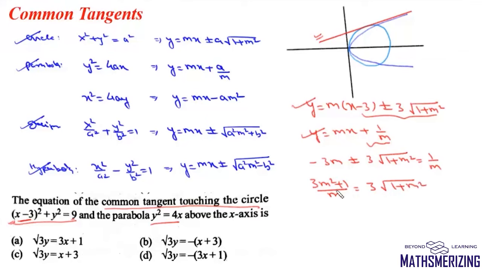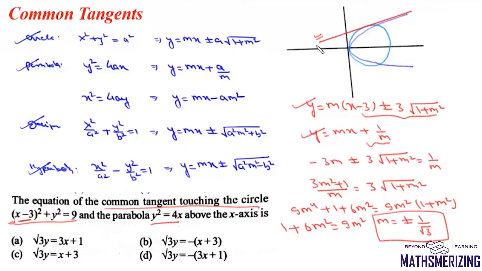So if we square, we can write it as 9m to the power 4 plus 1 plus 6m square, and this is 9m square into 1 plus m square. So 9m to the power 4 will cancel, so we'll get 1 plus 6m square equals 9m square. So the value of m should be plus or minus 1 by root 3.